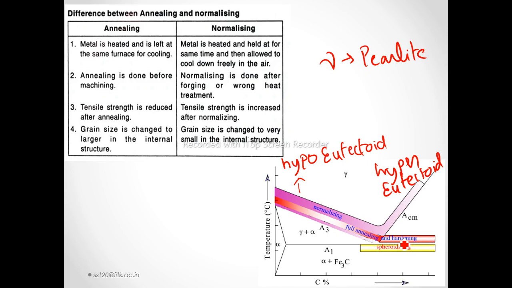Whereas full annealing and hardening treatment are both heated just above the A1 temperature, the lower critical temperature. This is the basic difference between the normalizing treatment and the annealing treatment.